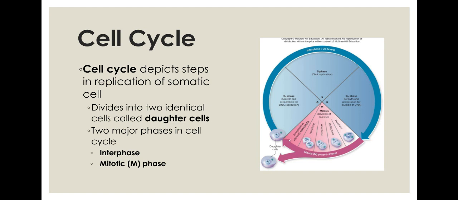And it's in two major parts. There's interphase that has a growth 1 phase, a synthesis phase, and a growth 2 phase. And then there is the mitotic or M phase, where you have your PMAT, your prophase, metaphase, anaphase, telophase, and then cytokinesis.